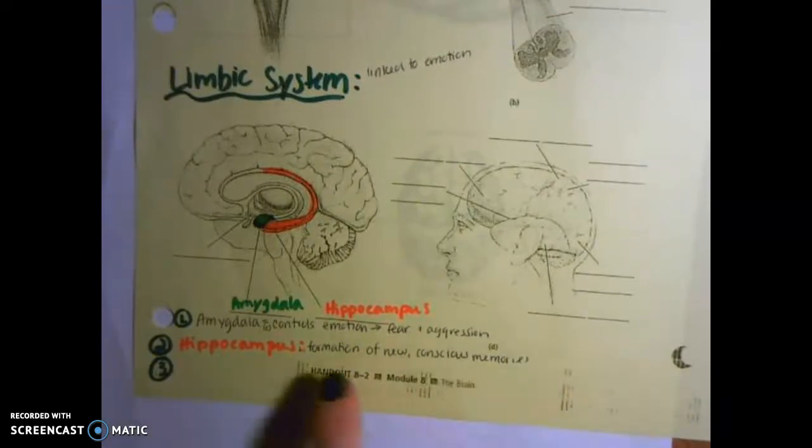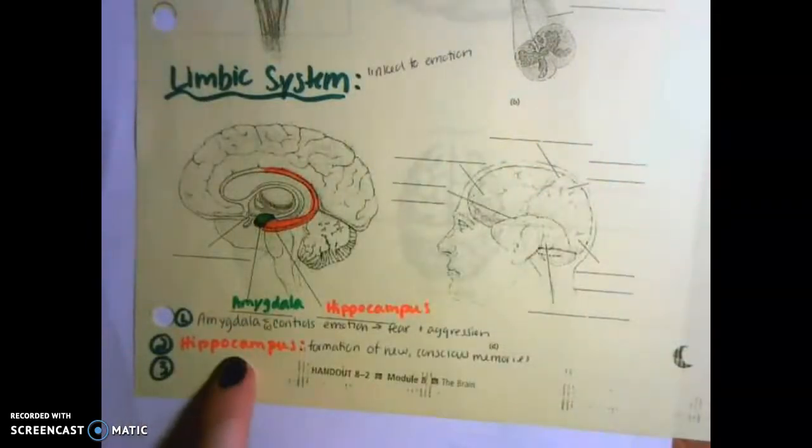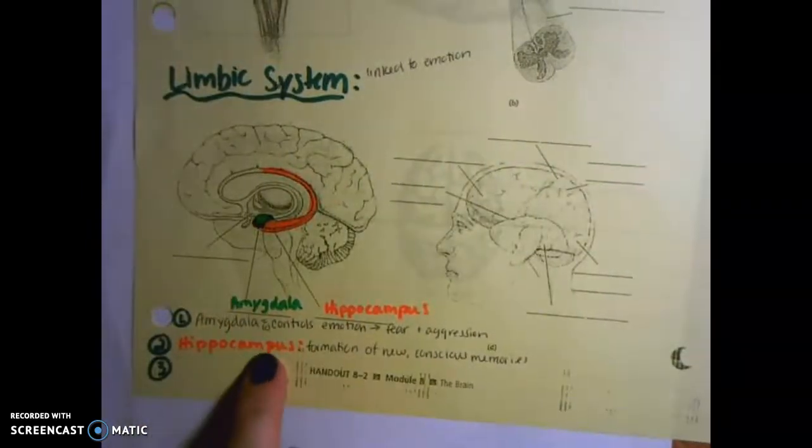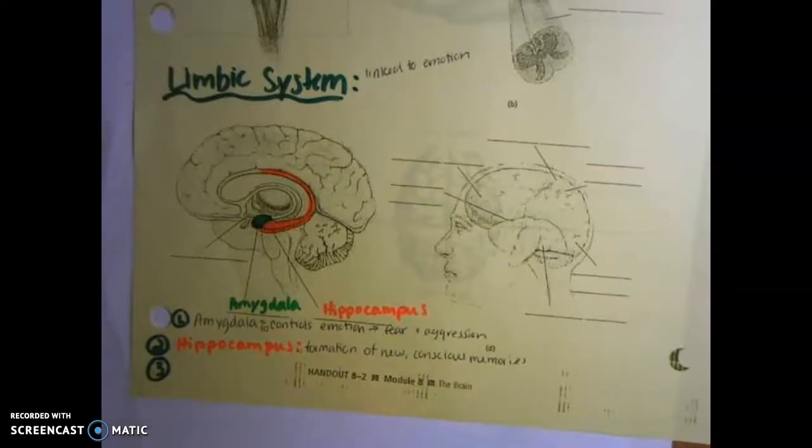Now you should remember, right? The limbic system is linked to emotion. And the point I'm trying to make here is when you think of memories, right? Like if I was to ask you to recall your favorite childhood memory, as you recall that memory, most often you also start to recall the feeling that you had when that memory was being created, right?